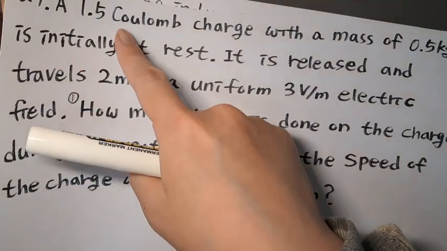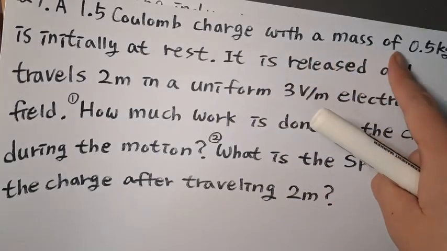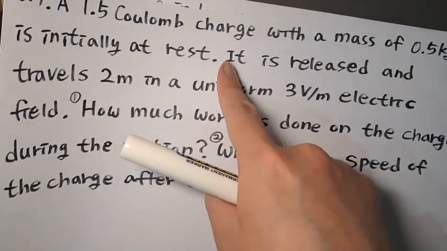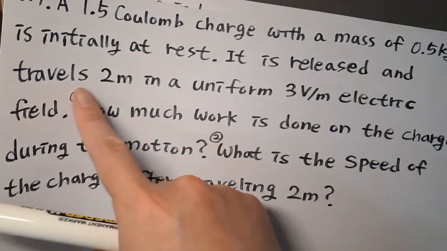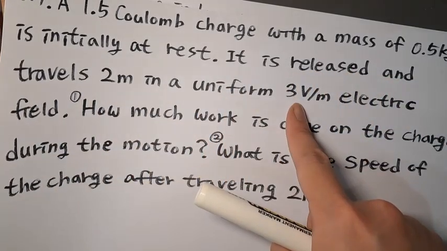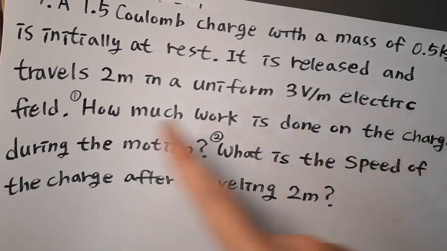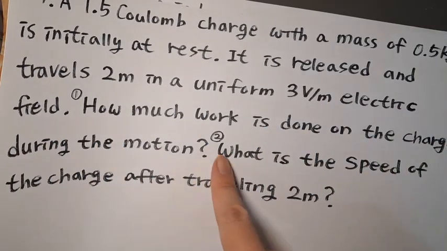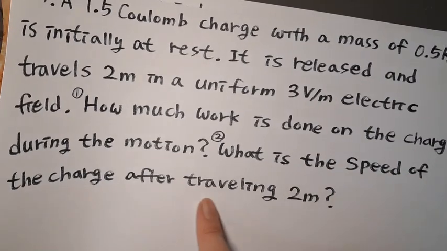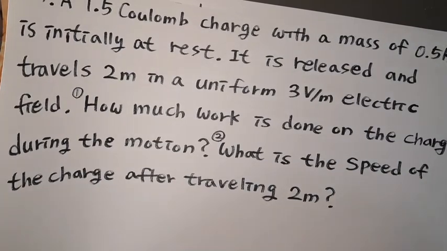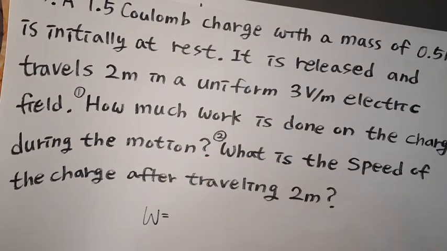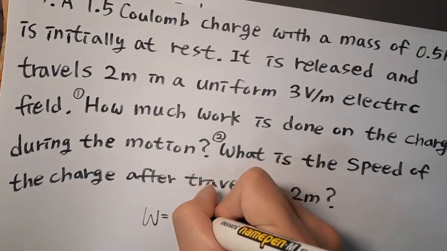A charge with a mass of 0.5 kilogram is initially at rest. It is released and travels in a uniform 3 volt per meter electric field. How much work is done on the charge during the motion? What's the speed of the charge after traveling 2 meters? So the work is going to be this.